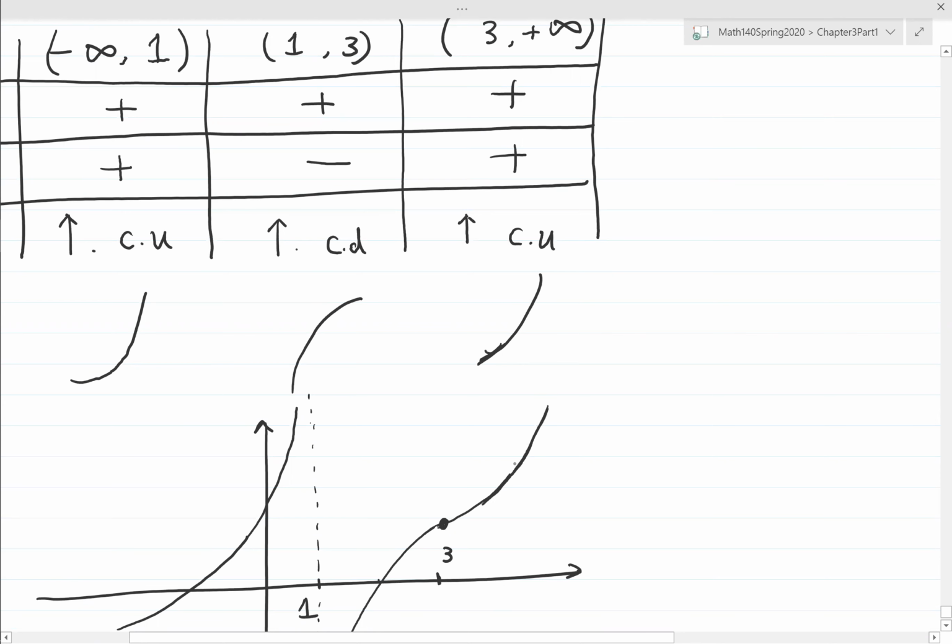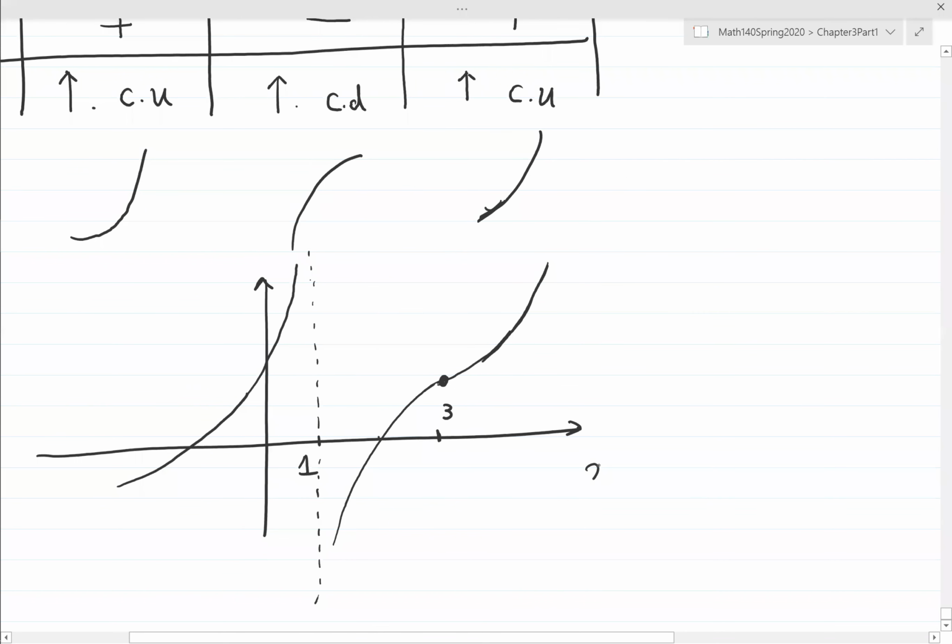Now you see we have inflection points. At this point, we have an inflection point where the concavity changes. Inflection point when x is 3. Okay, we are done for this problem.